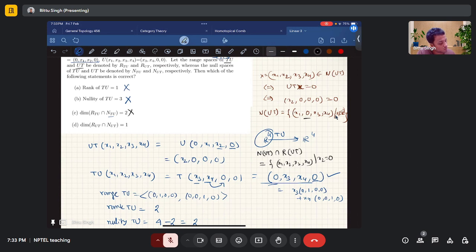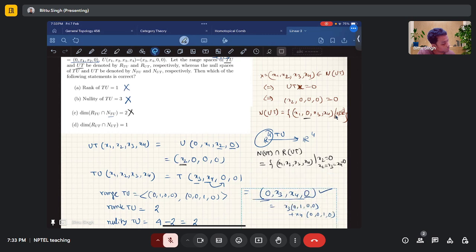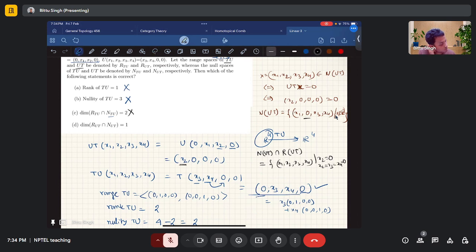And if it belongs to the range of U_T, then except for the first entry, all are 0, that is x2, x3, x4 are 0. So this is equivalent to saying that except x1, all are 0.